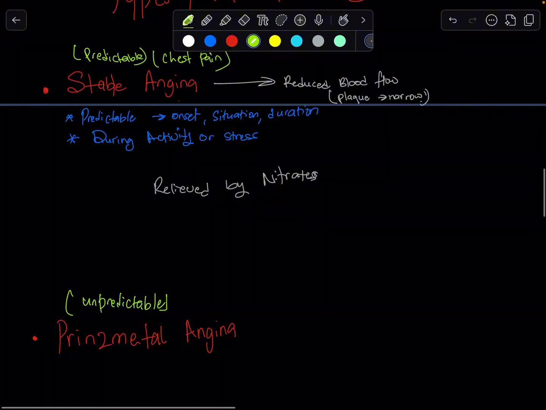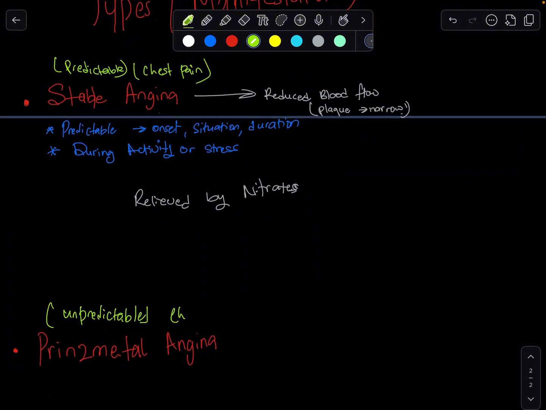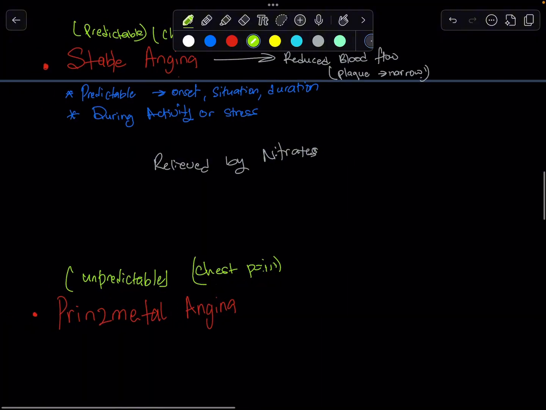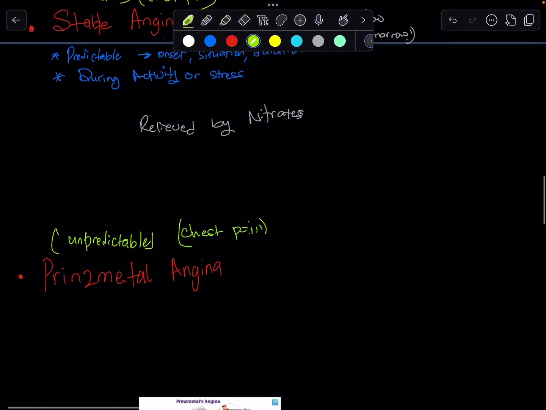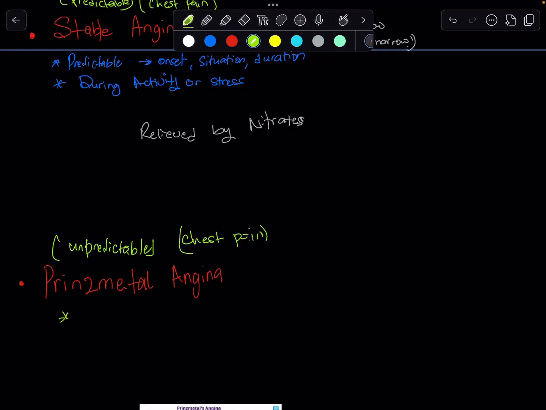And because it's so unpredictable, and we know angina is chest pain, we know it happens even at rest. Prinzmetal at rest, you could be doing nothing, and you just go mental. So at rest.